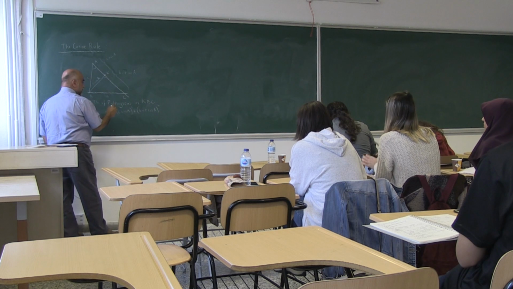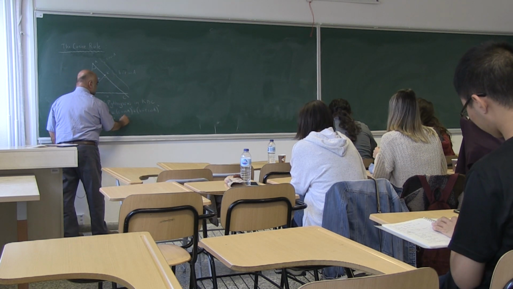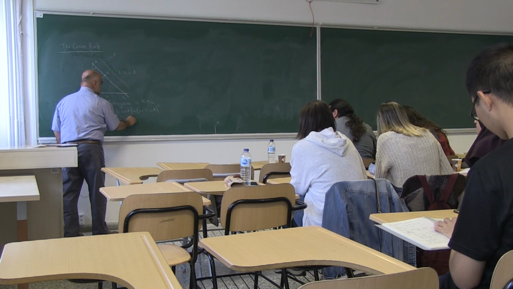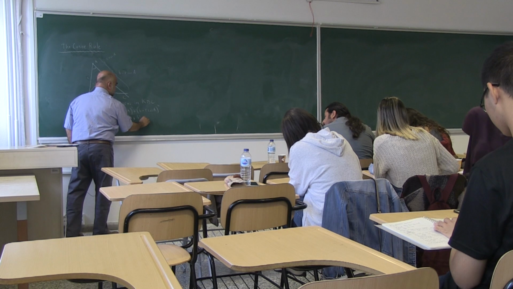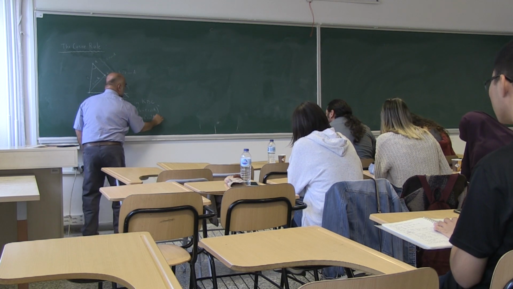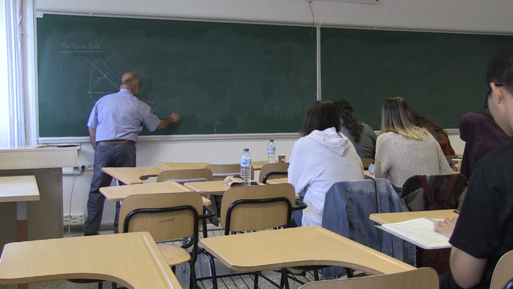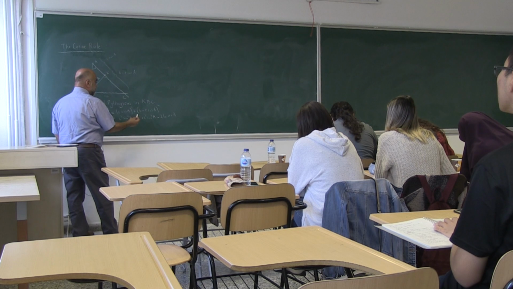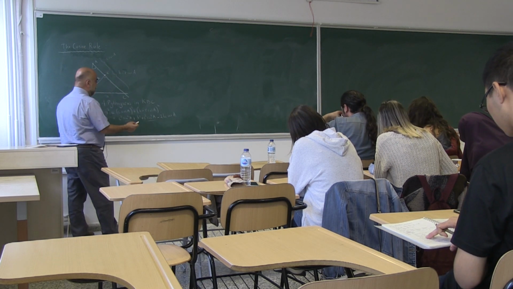If you manipulate it just a little bit, this will get you c squared sine squared A plus b squared plus c squared cosine squared A minus twice bc cosine A. The rest is quite obvious. Sine squared A and cosine squared A add up to give you 1.